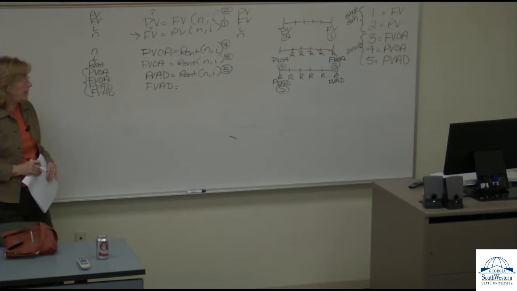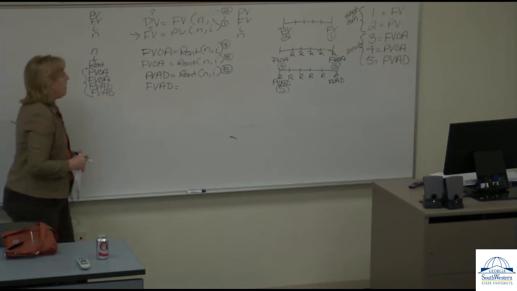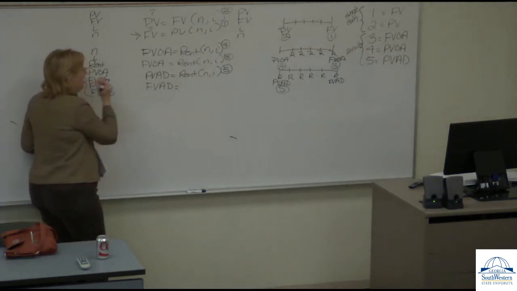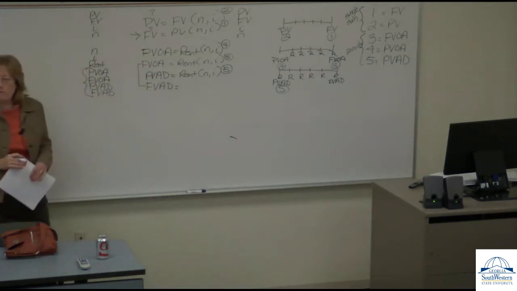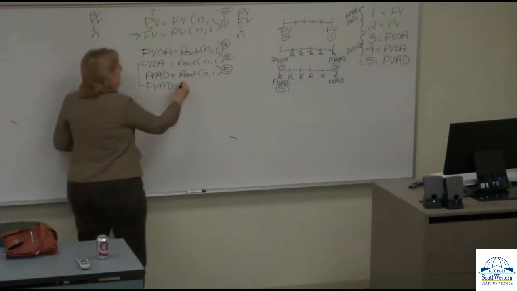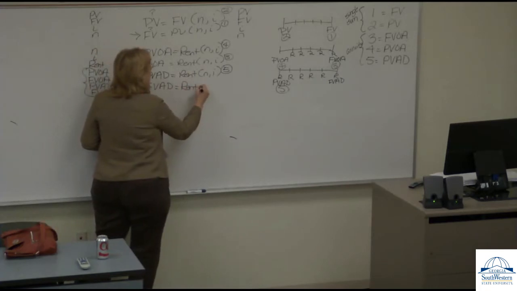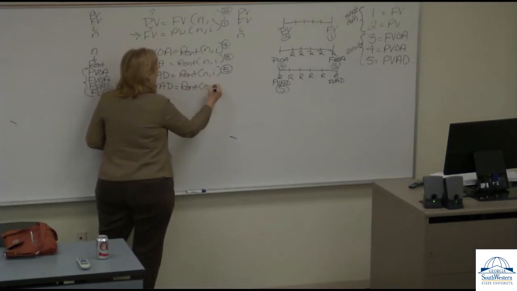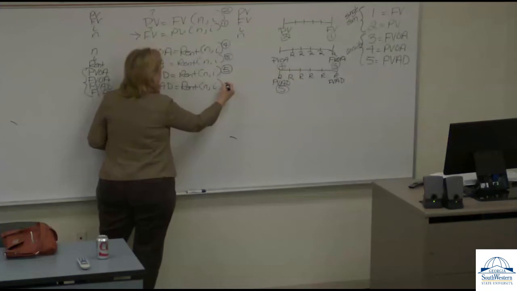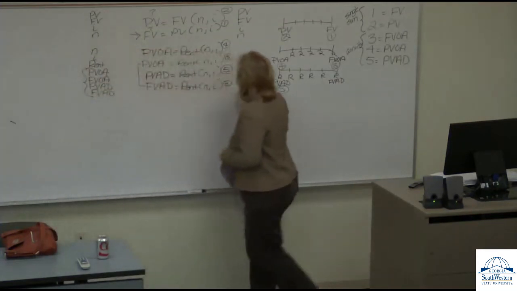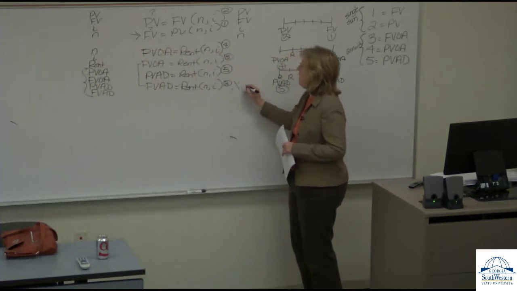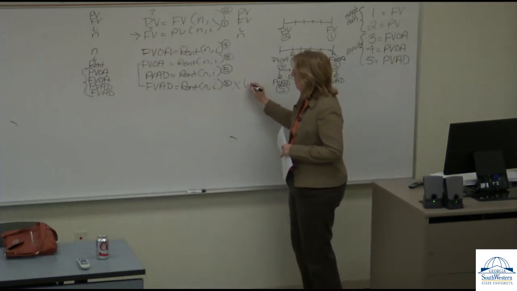We don't have a table. And it is similar to the future value of an ordinary annuity in that we still use these same things here, and we go look on table 3, but we multiply that whole thing times 1 plus the interest rate.